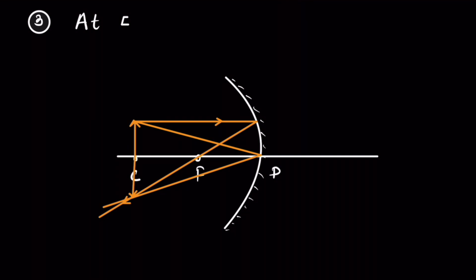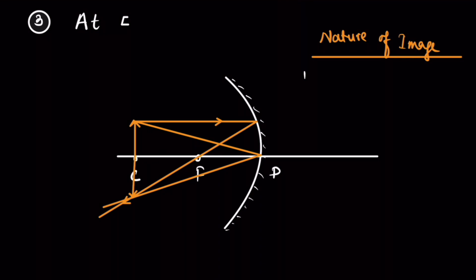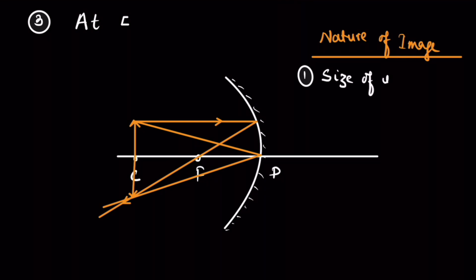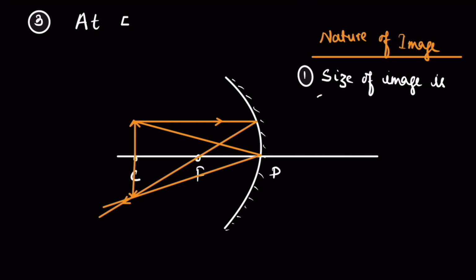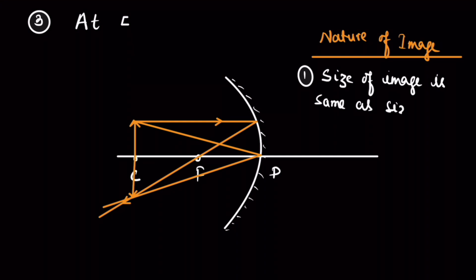So what is the nature of the image in this case? First is, the size of the image is the same as the size of the object.